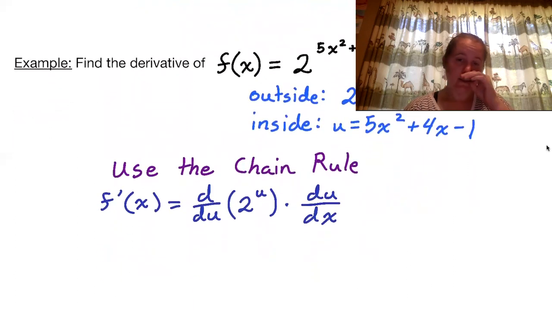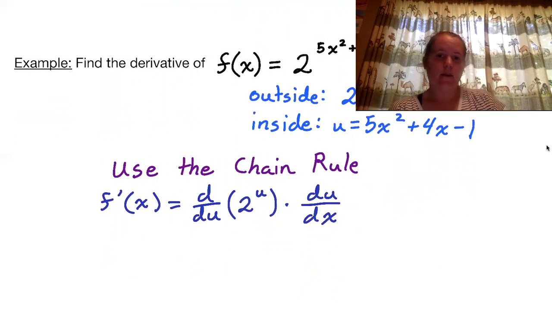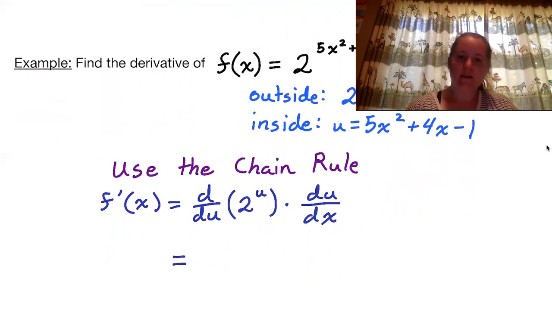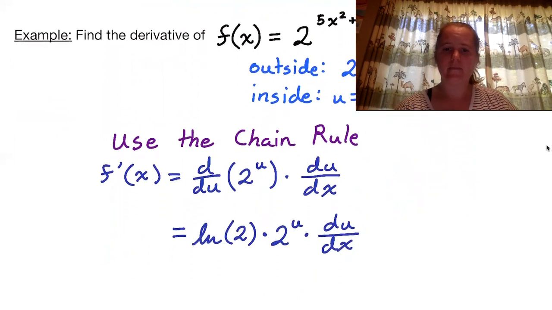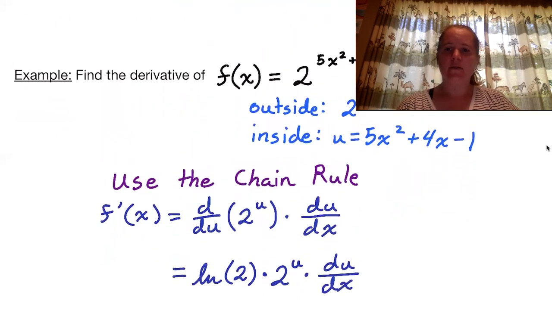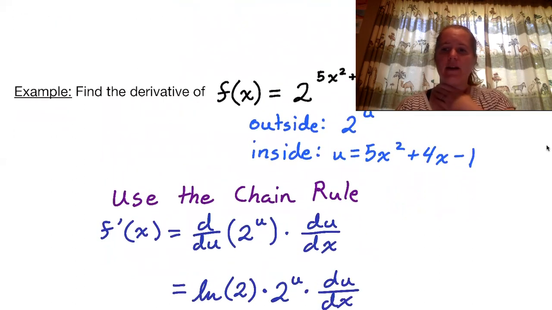Well, we've seen the derivative of any exponential with a positive base. The derivative of 2 to the u was simply natural log of 2 times 2 to the u. And then we are multiplying by the derivative of u with respect to x. Our u was 5x squared plus 4x minus 1.